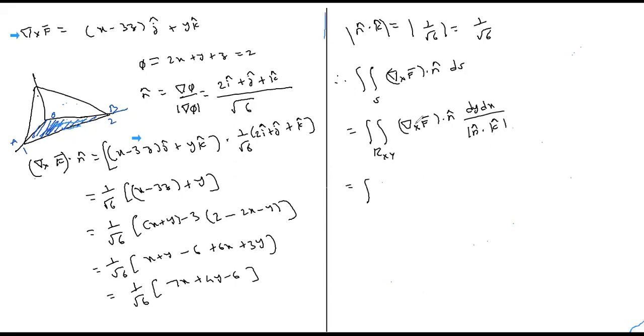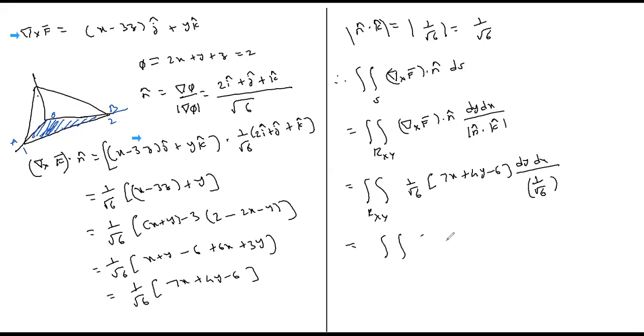And what is curl f bar dot n bar? 1 by root 6 times 7x plus 4y minus 6 dy dx by modulus of n bar dot k bar, which is 1 by root 6. So this is over Rxy. 1 by root 6, 1 by root 6 gets cancelled. So this is simply 7x plus 4y minus 6 dy dx.